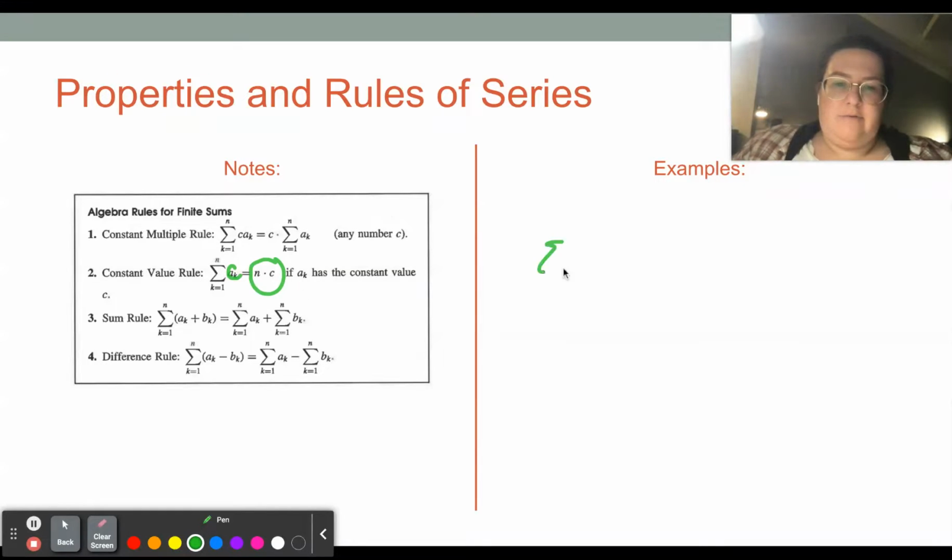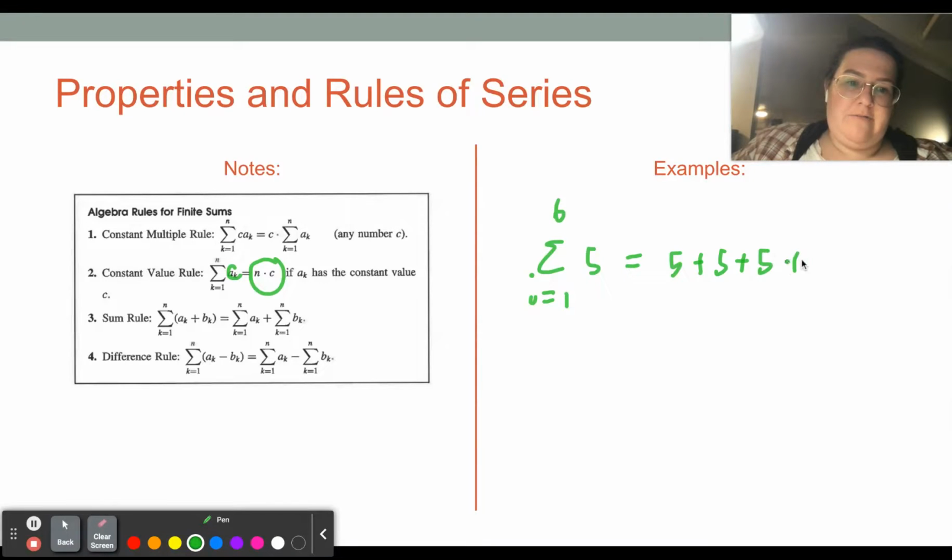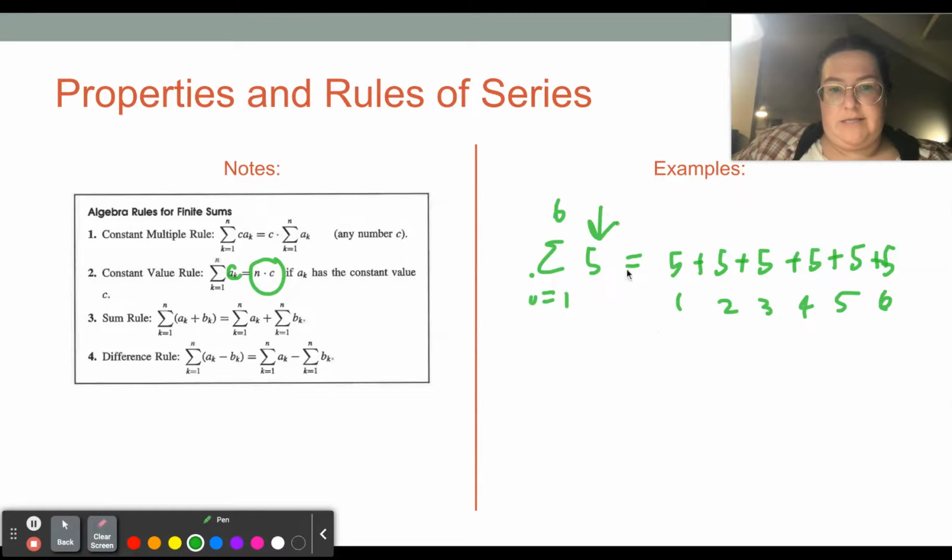For instance, if you had a constant, let's say 5, it's 5 every time. So really you're adding 5 to itself 6 times, right? Because the first term would be 5, the second term would be 5, all the way up to the 6th. They would always be 5 because that's the formula. So instead of doing that, you can just do 6 times 5.